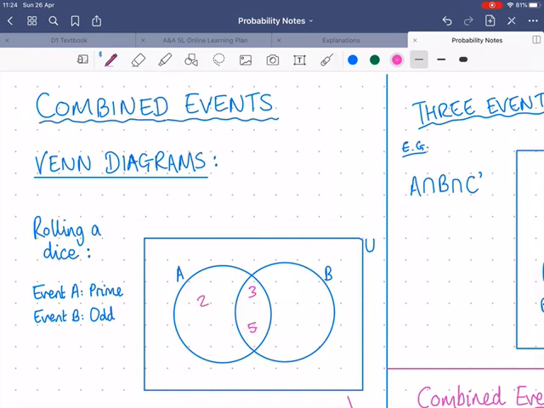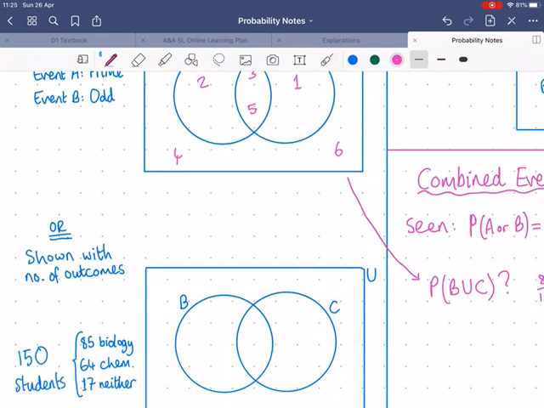So we have 2 that is a prime number but not odd. We have 1 that is an odd number but not prime, and we have 4 and 6 that are neither. So they go outside, but still inside the box. This box that we denote with a U, you might call the universe, contains all outcomes in our experiment.